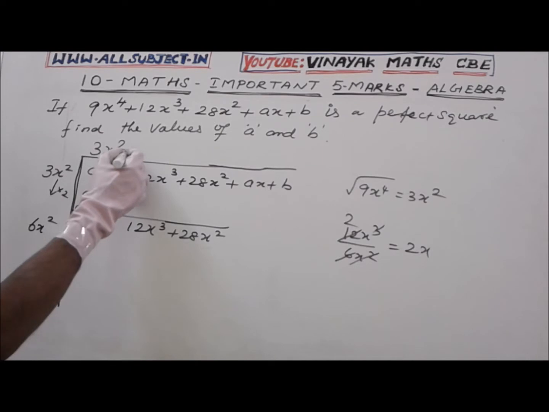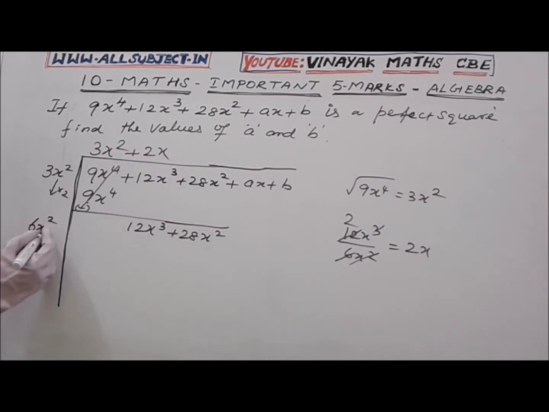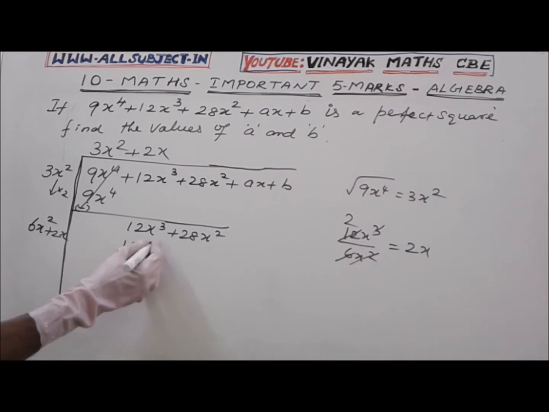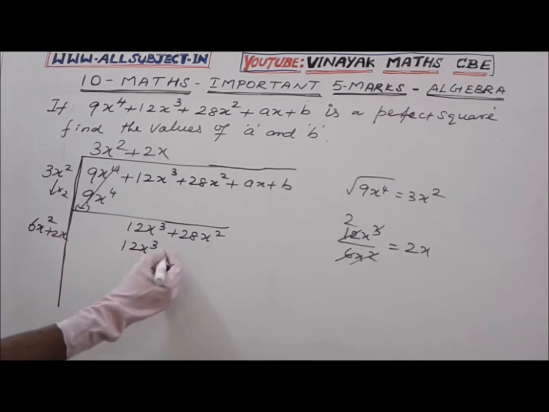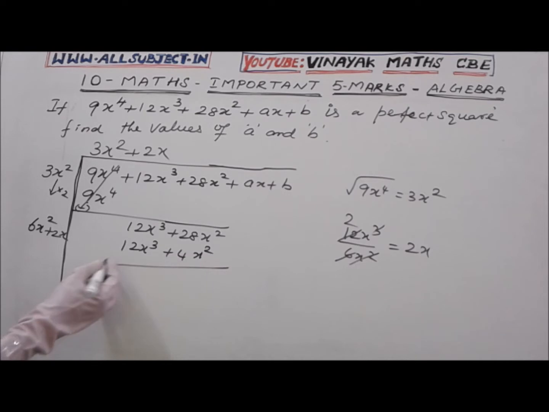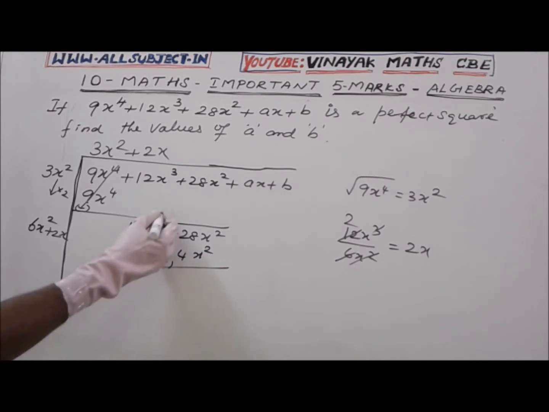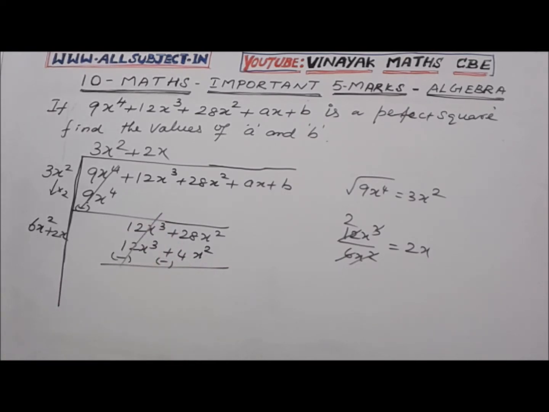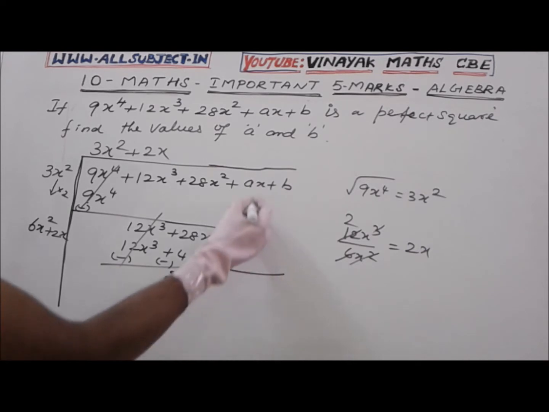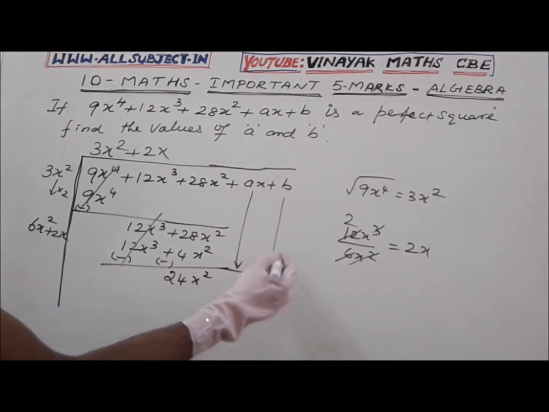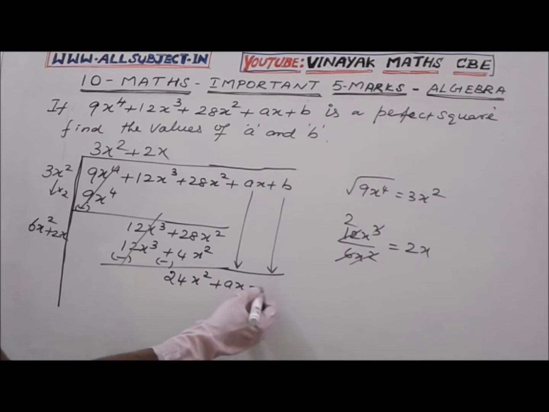Adding 2x here and here. Then multiplying by 2x these two terms and writing here 2x into 6x square, 12x cube, and 2x into 2x, 4x square. Subtract. These two get cancelled. 28 minus 4 is 24x square now. And bringing down the remaining terms here, plus ax plus b.